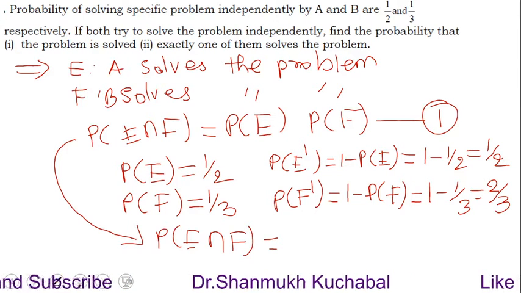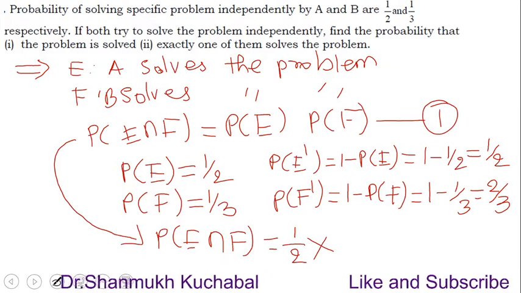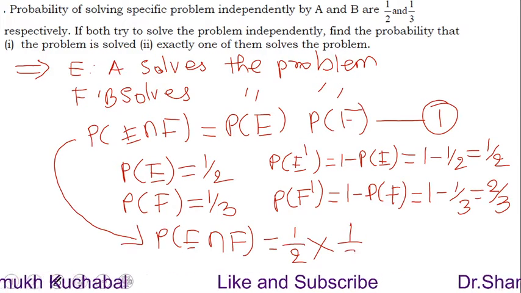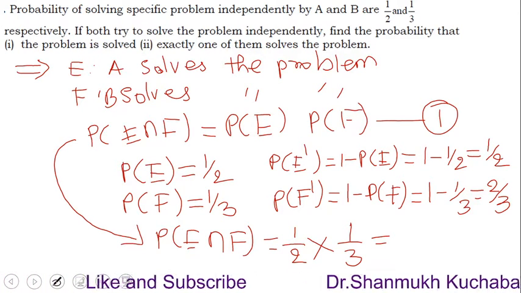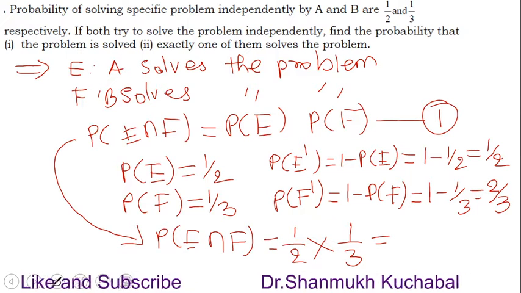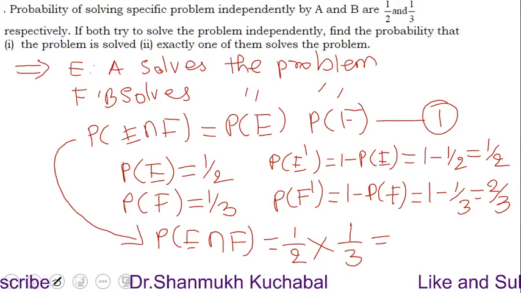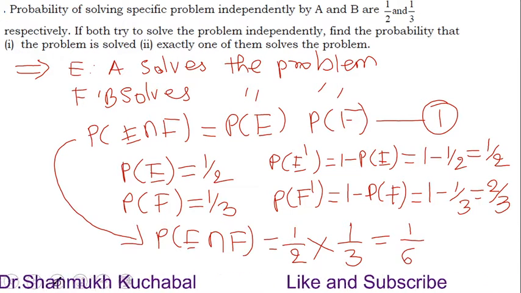Probability of E is 1 divided by 2, multiplied by probability of F, which is 1 by 3. There is no simplification between numerator and denominator, so numerator is multiplied with numerator, and we get 1, and for the denominator we get 6.